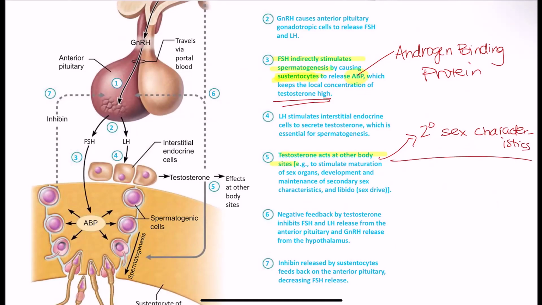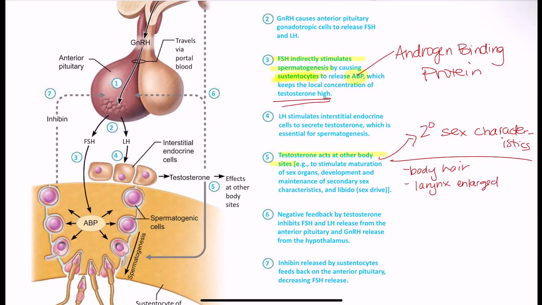These are things like body hair, facial hair, pubic hair, axillary hair, for some folks, chest hair. It also causes enlargement of the larynx. And a larger larynx then results in a lower voice.